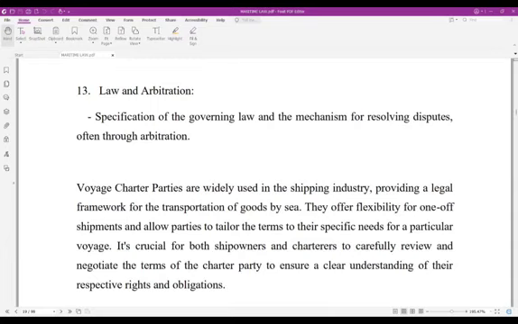So both parties need to understand the rights and obligations in the course of executing the contract. Where there are disputes, the processes involved are often through arbitration. All these require clear understanding by both parties involved.